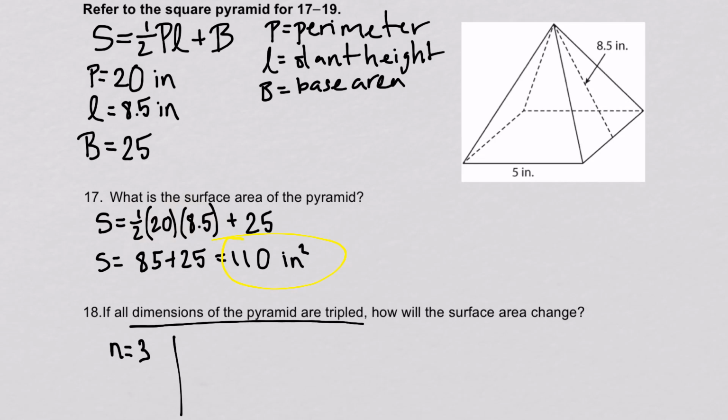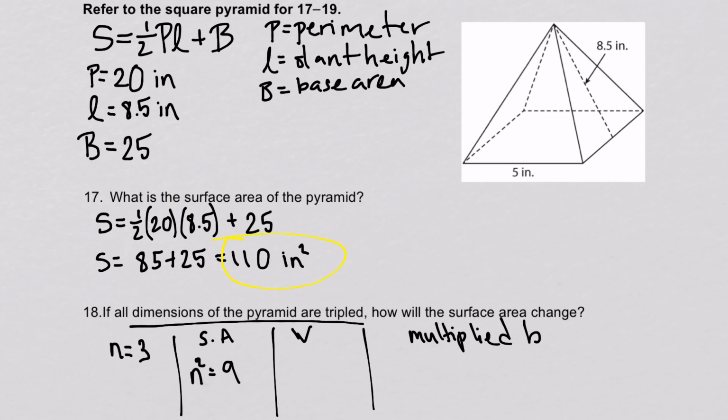What happens to the surface area? And I'm guessing they're all probably going to ask me about the volume after that, so I'm going to put that one there. Well, the surface area is going to get multiplied by n squared, which is 9. So the surface area will be multiplied by 9.